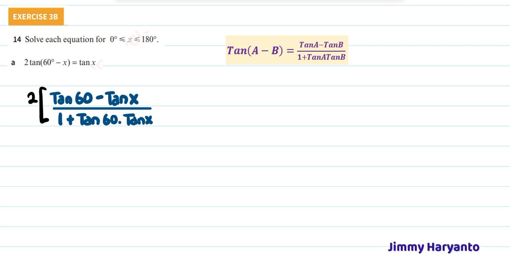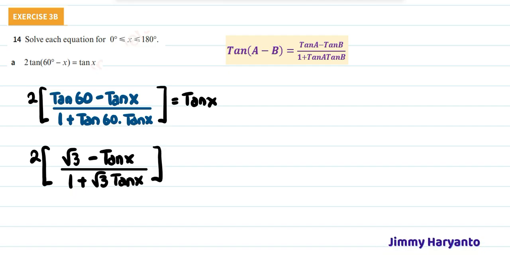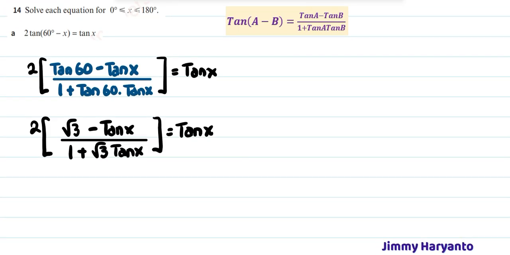Okay, and then what next is to simplify. Let's change the tangent 60 first. Square root of 3 minus tangent x divided by 1 plus square root of 3 times tangent x equals to tangent x.